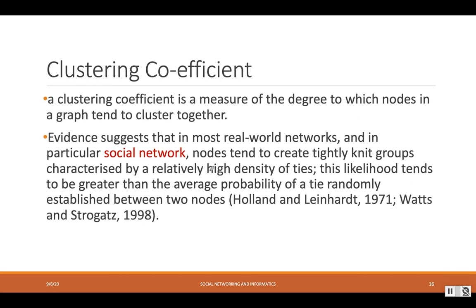Now evidence suggests that in most real world networks, in particular social networks, nodes tend to create tightly knit groups characterized by a relatively high density of ties. This likelihood tends to be greater than the average probability of a tie randomly established between two nodes.